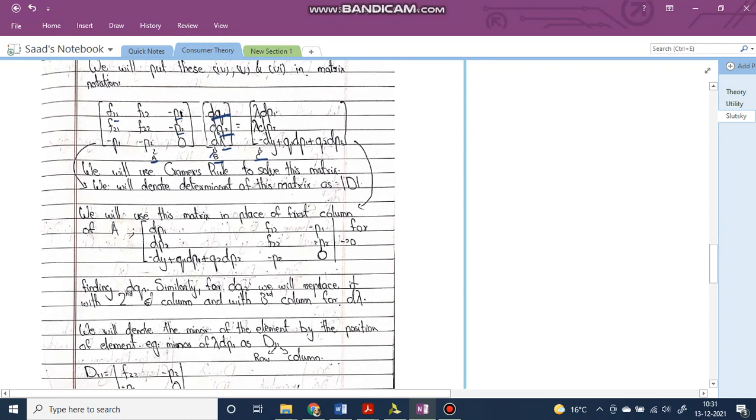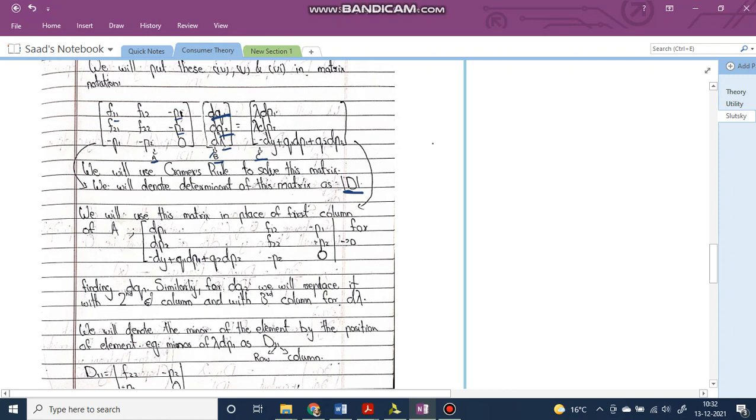For finding the value of dq1, first we will find the determinant of matrix A, which we will denote as D. Then we will replace the first column of matrix A with matrix C, and we will find the determinant of the matrix which we will get.